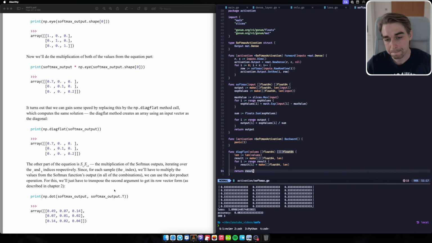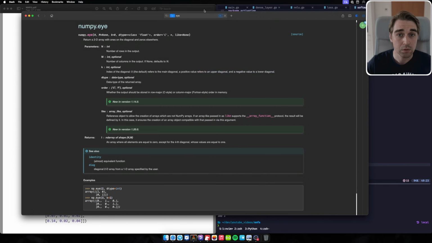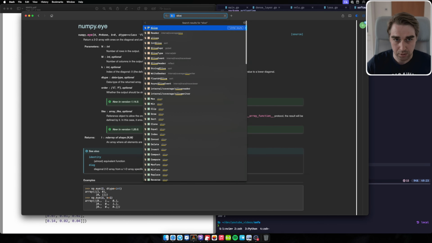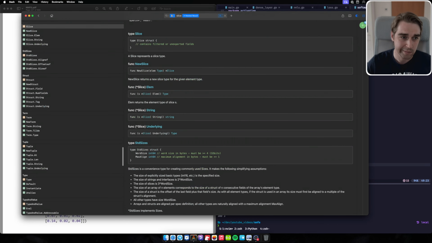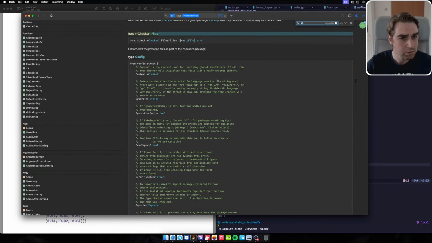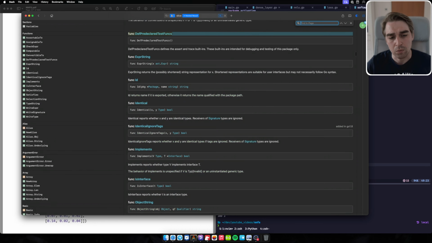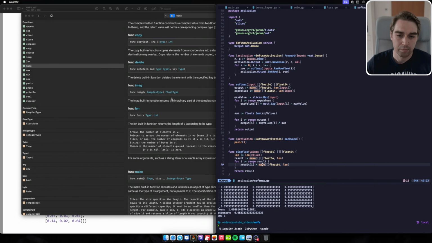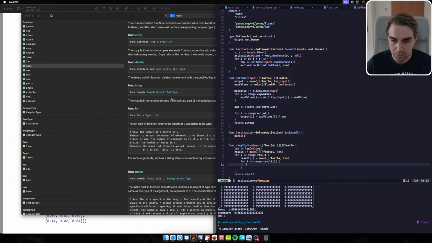Interesting. Can I make a slice with concrete values? Slice fill. No. Okay, then let's write it in a simple way.